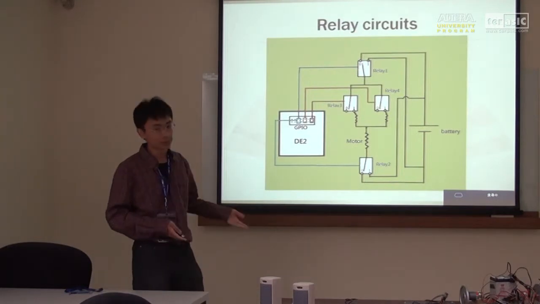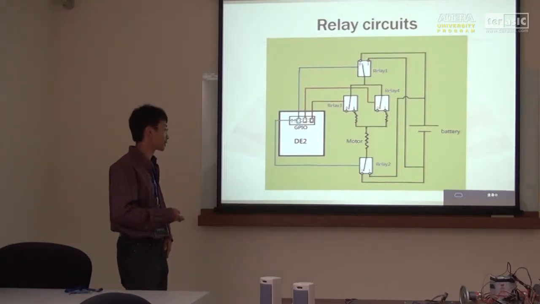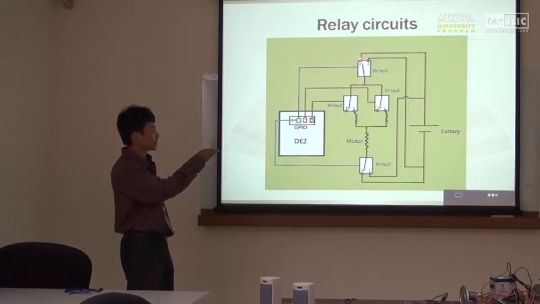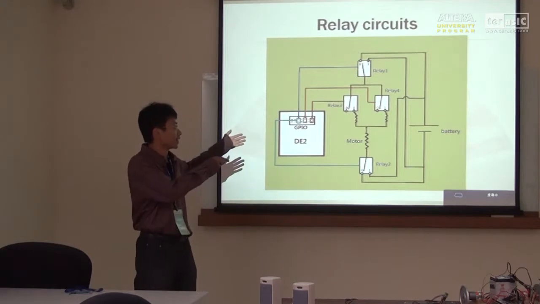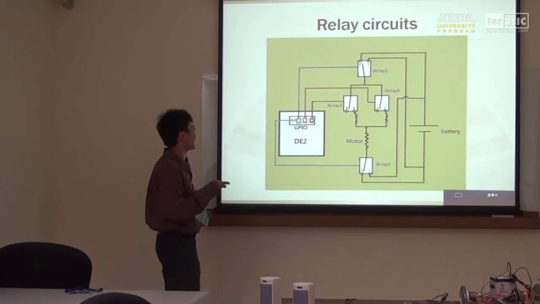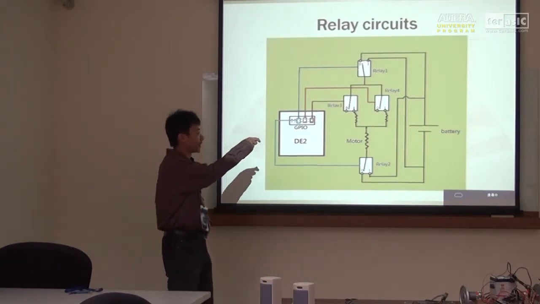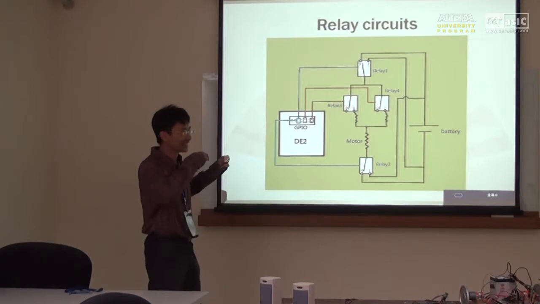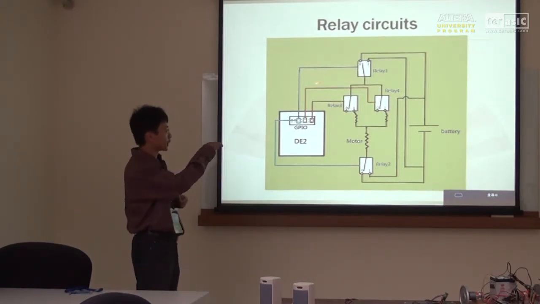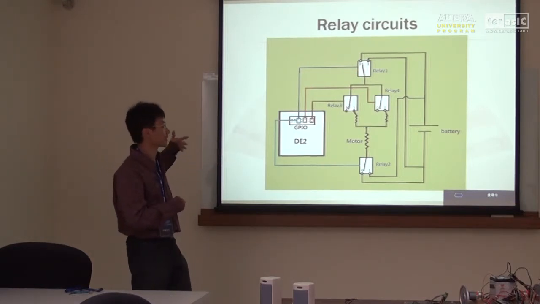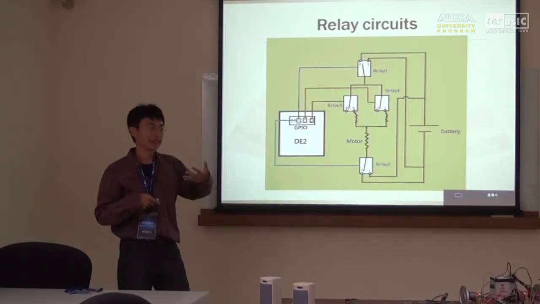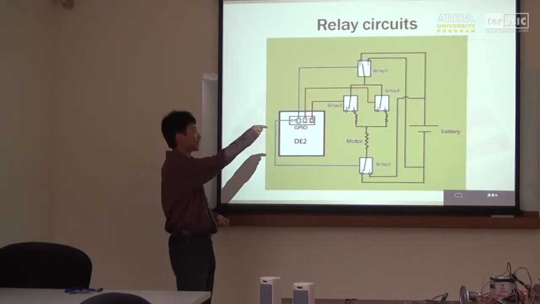And how does the relay circuit work? Okay, we put this small rectangle. This is a relay. So how does the relay work? If you give the relay a signal, if the signal has current large enough, then here is a switch.